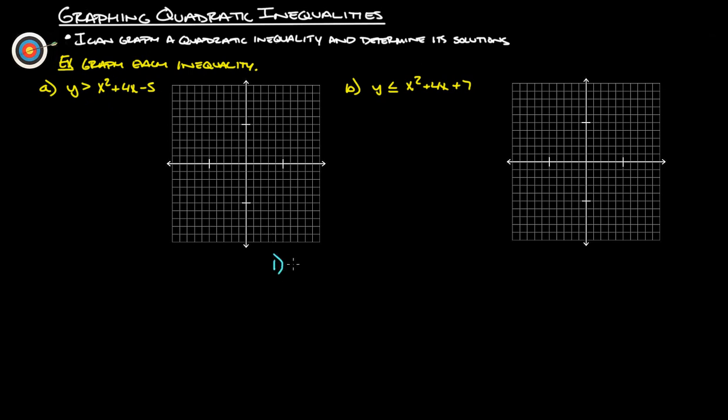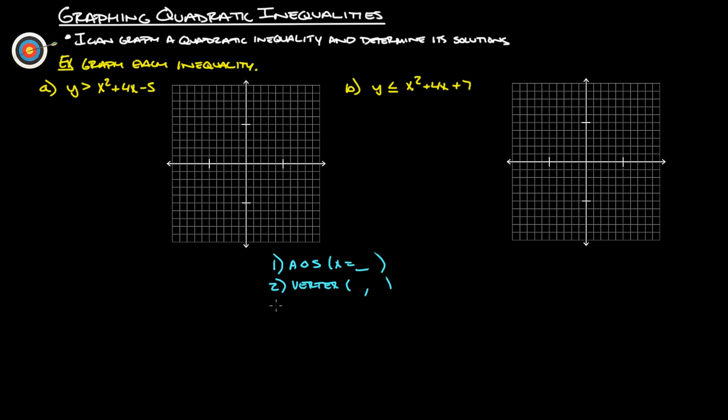First thing I'm going to do is find the axis of symmetry, because that's going to be our x equals. The second thing I'm going to do is find our vertex, because we can do that by plugging the x that we just found in and find the y.